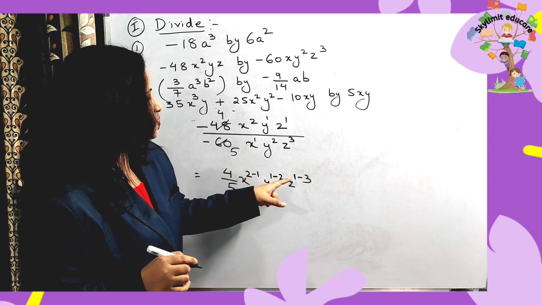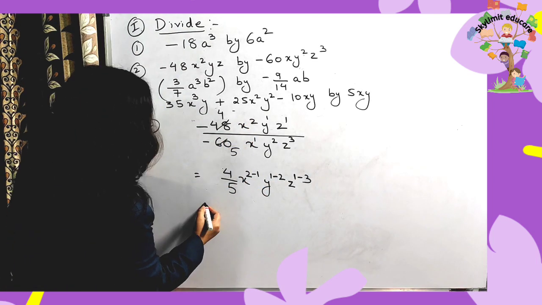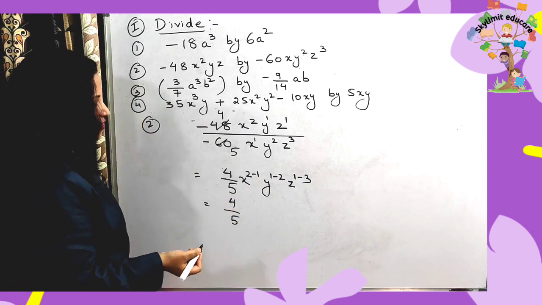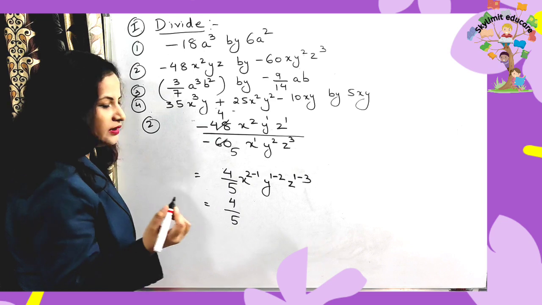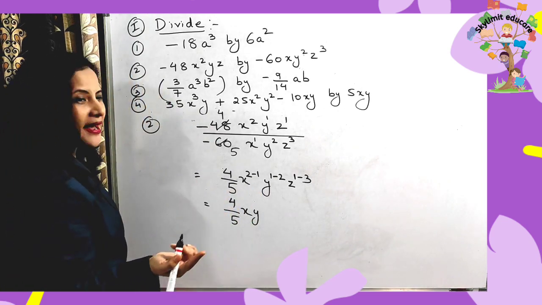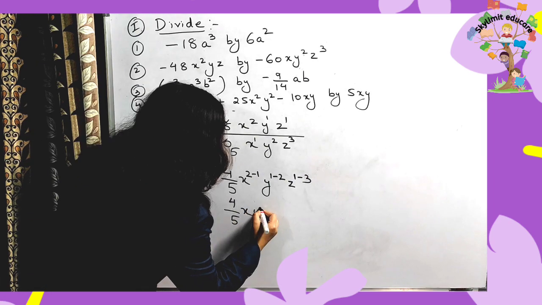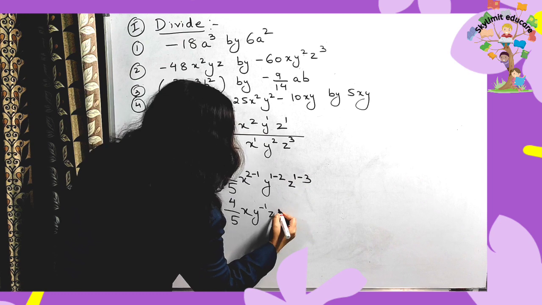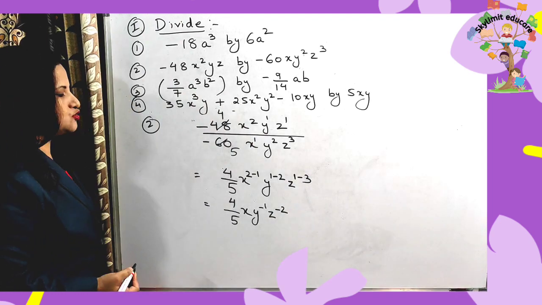So 2 minus 1, 1 minus 2, 1 minus 3. That's it. Now we will subtract and write down. X, 2 minus 1 will be 1 only, so no need to write 1. Now y, 1 minus 2 will be minus 1. You have to write that. And z, 1 minus 3 will be minus 2.